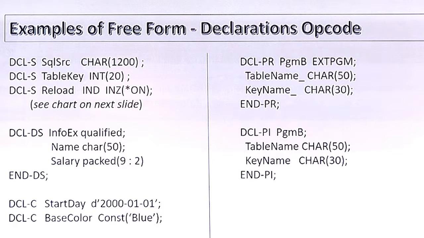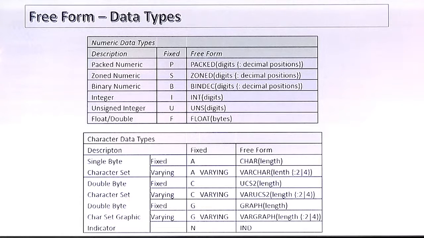And there's some constants. But we're going to talk a little further about the data structure because there's a surprise with that coming up. But here's that table I was talking about, the different types that you can define, like the different numerics. Instead of in fixed, you would use those codes, but in the free form, you would use that for defining it.